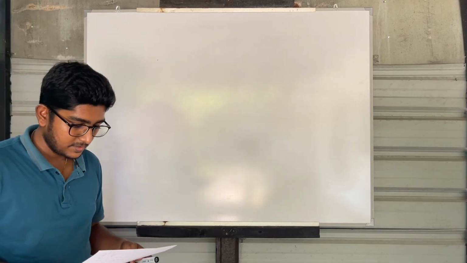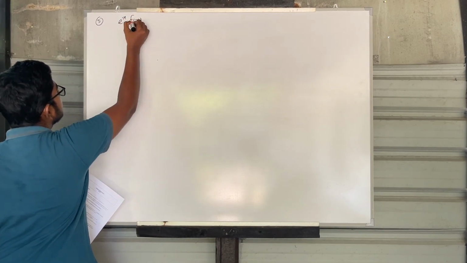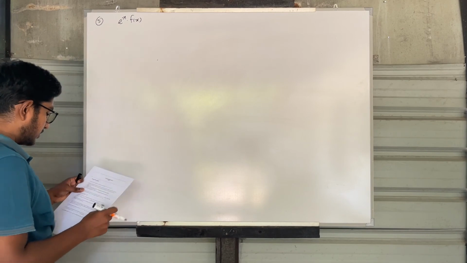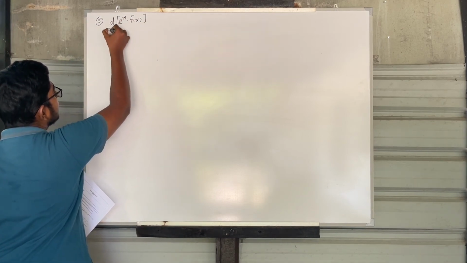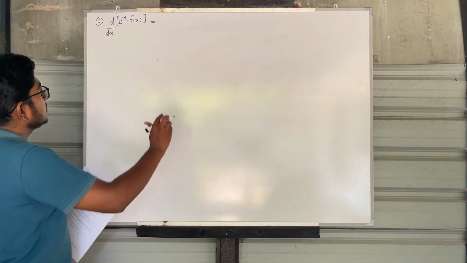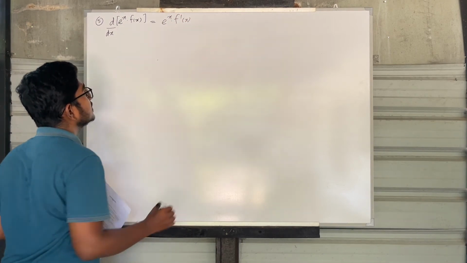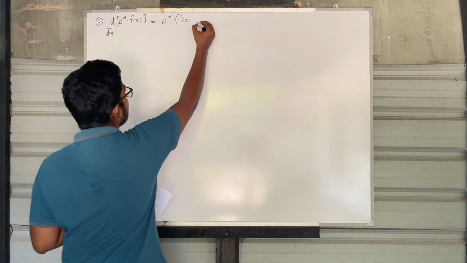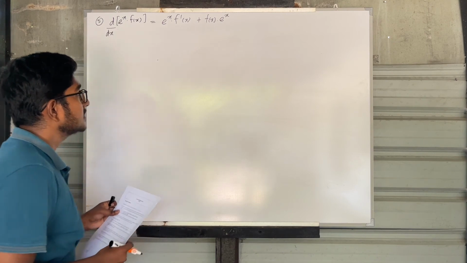Fifth question. We have to differentiate e to the power x f of x. So it is the product rule. මෙතන තියෙන product එකක් මේ දෙක x වලින් differentiate කරන්න කියලා දීලා තියෙන්නේ. So write the first expression and the differentiation of the second expression, f dash x, plus write the second expression and write down the differentiation of the first one, which is e to the power x.